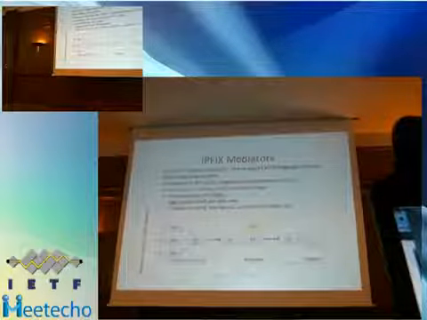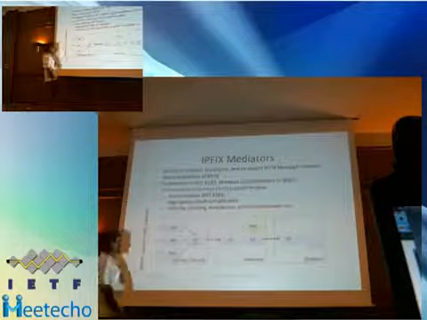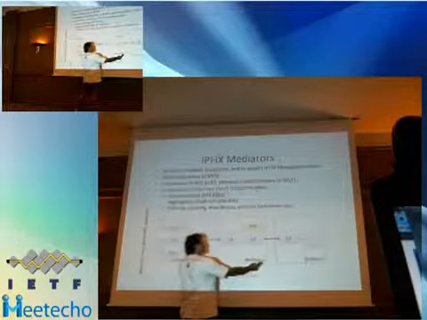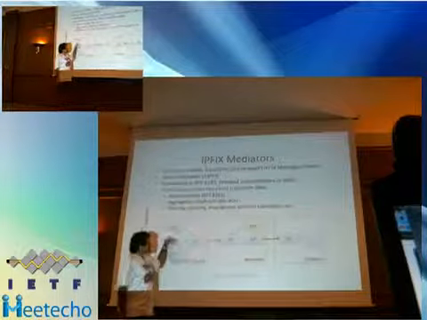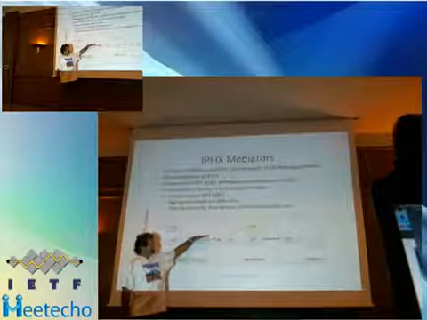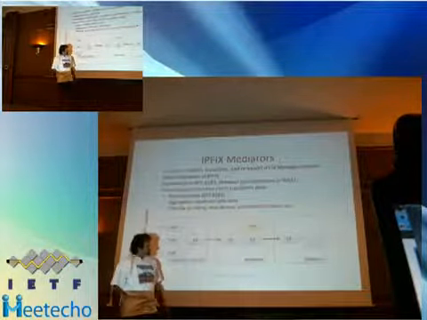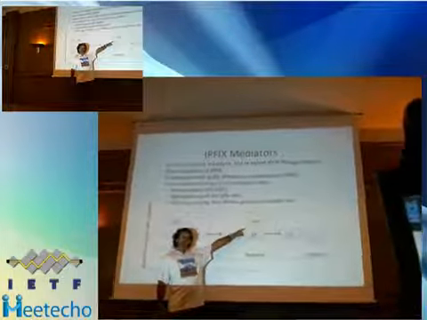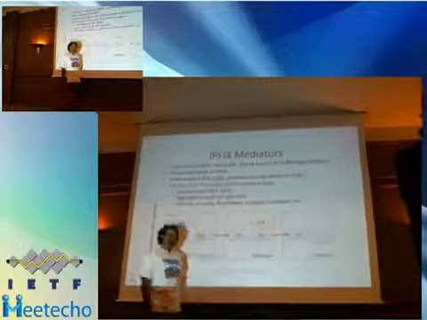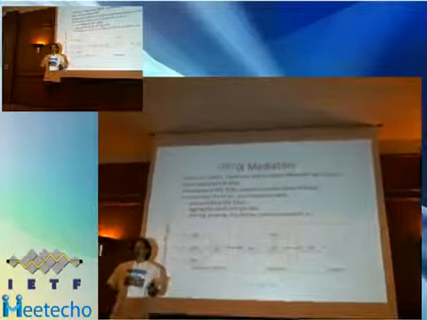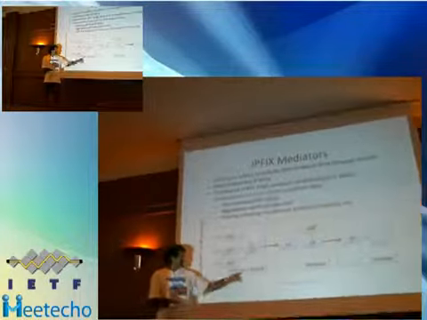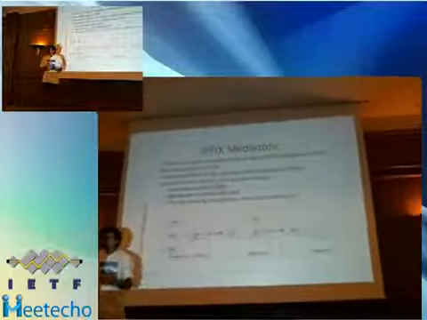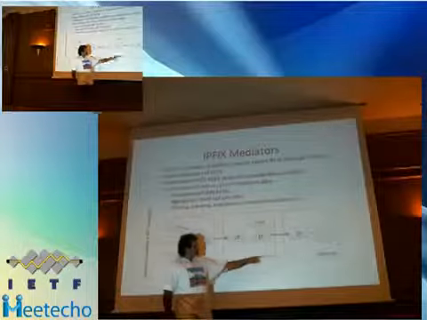The mediator is a function in the middle there, where typically we receive flow records from multiple devices. And this mediator contains a function that we have standardized. And this function could be, I want to aggregate from many sources, from many exporters, aggregate information and send it to a top-level collector.